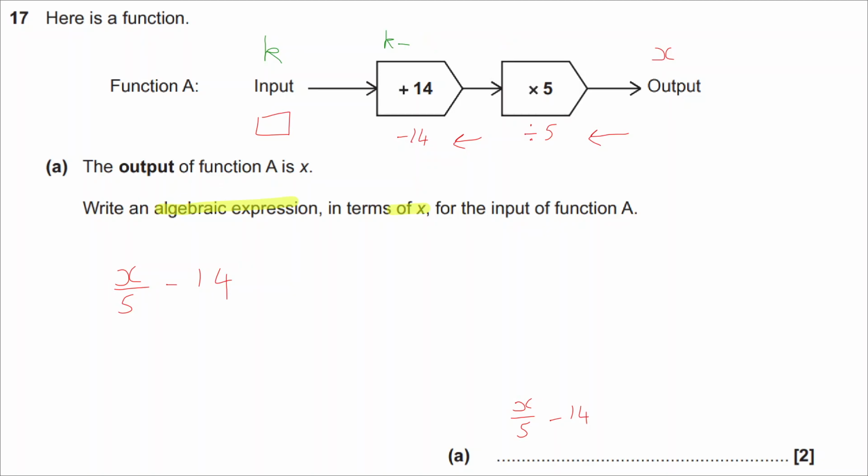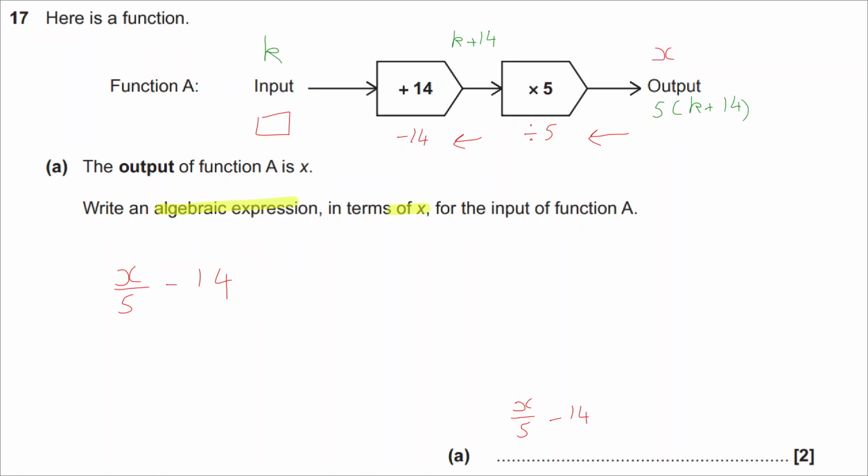Let's just write this a bit differently. You begin with k, you add 14 to it, so you've got k plus 14. You then multiply the whole of this by 5, and you get the output, which is going to be 5 lots of k plus 14.